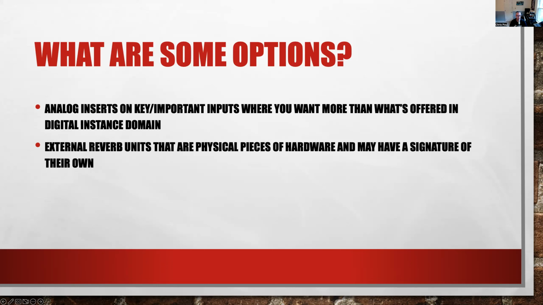Another one is hardware reverb units, whether they are analog IO or oftentimes they will actually have digital connections as well, because they are essentially digital devices. Where this really comes in handy is that we all know that in a software-based domain, reverbs, especially good reverbs, are often very heavy-handed on server processing.